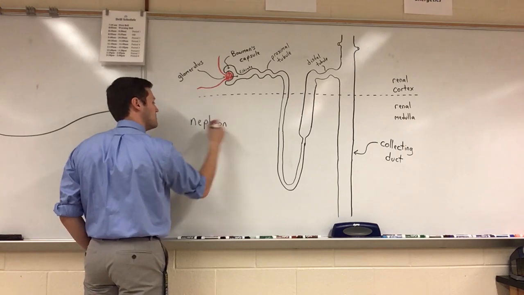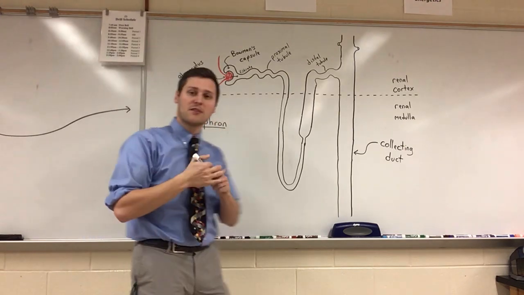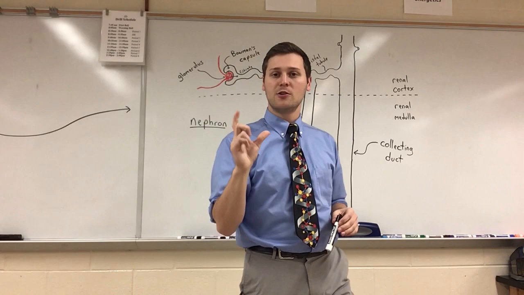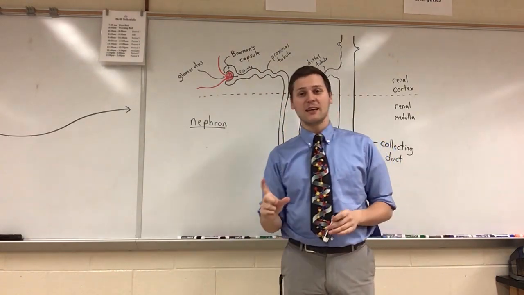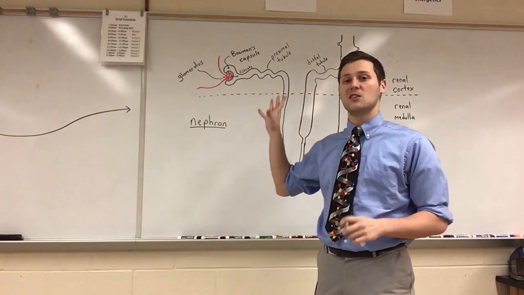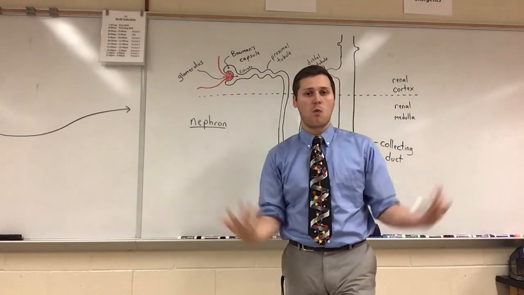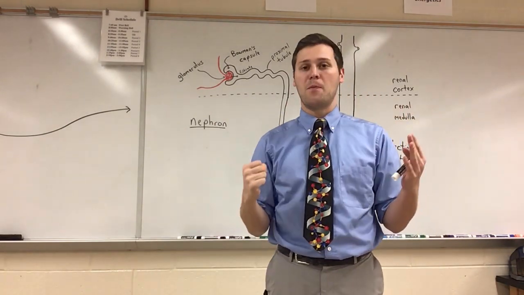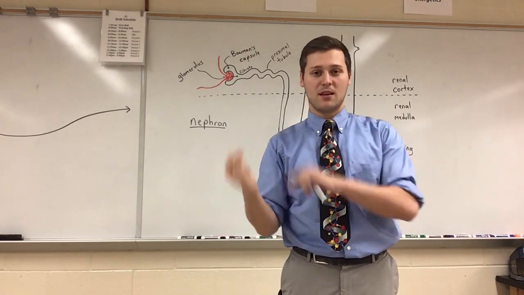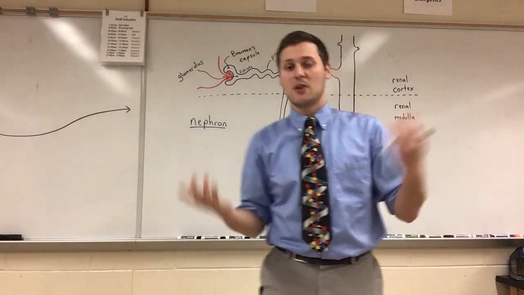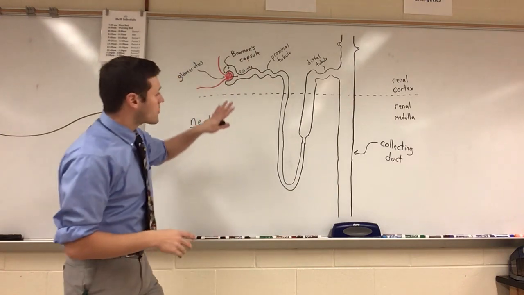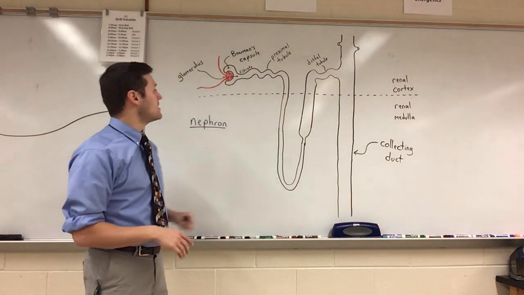A nephron. These are the functional and structural units of a kidney. And so this is what's going to really do the filtration process, pulling the metabolic waste and some water out of the bloodstream and allowing that to exit the body as urine. So here we have a nephron located in the kidneys.